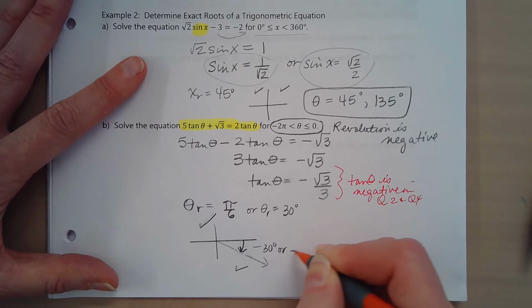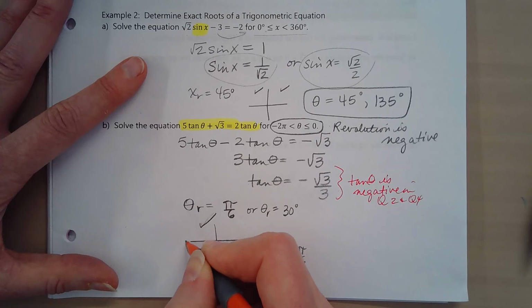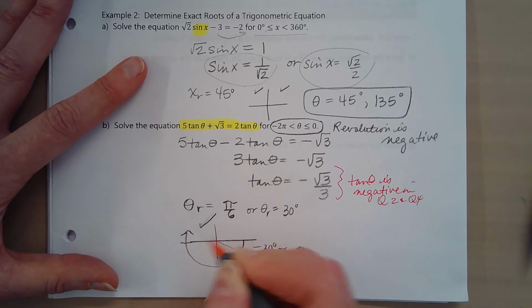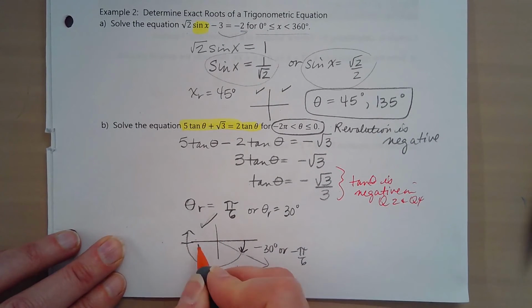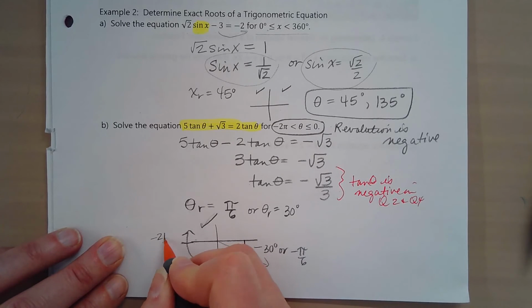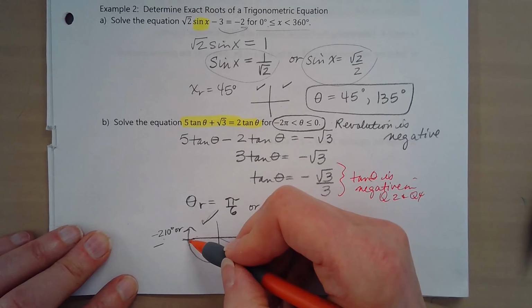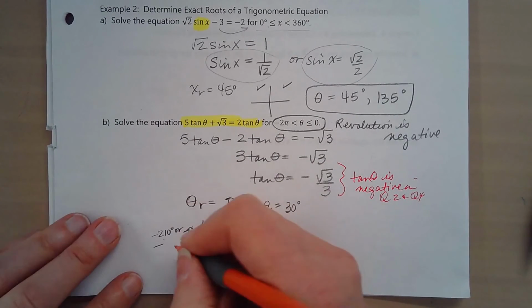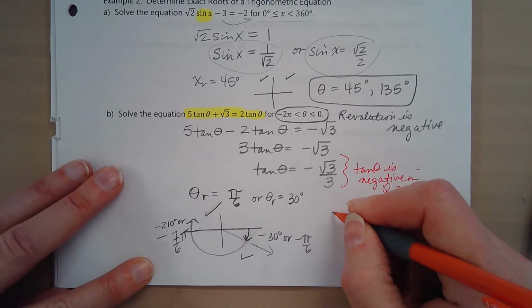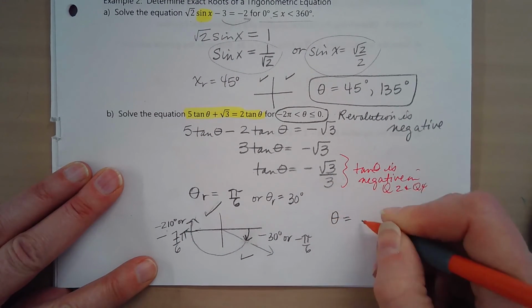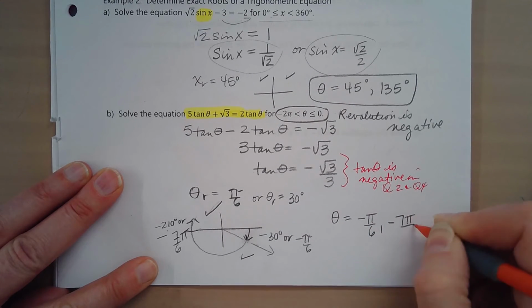Or negative pi on 6. Let's go all the way around. And now it's 30 degrees, or pi on 6 past here. So it would be what, negative 210, or, well this is 6 sixths, so 1 more sixth, negative 7 sixths. So my answers are theta equals negative pi on 6, negative 7 pi on 6.